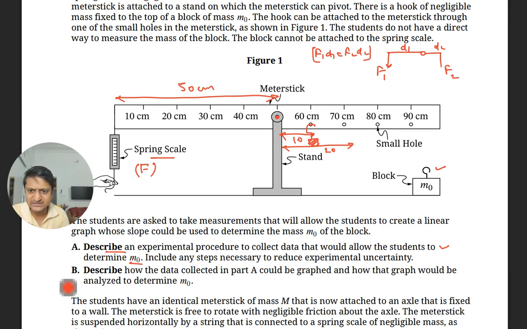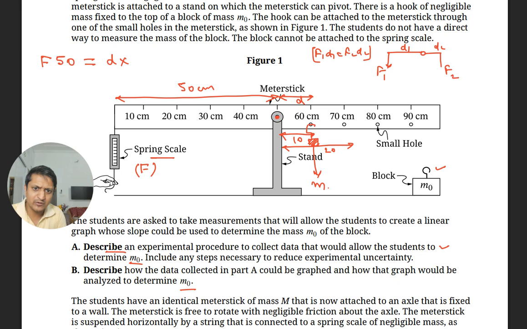So the B part says describe how the data collected in part A could be graphed and how the graph would be analyzed to determine M naught. So when we have the data, we will say that F times 50 will be equal to, you can take it as a small d, times the force.